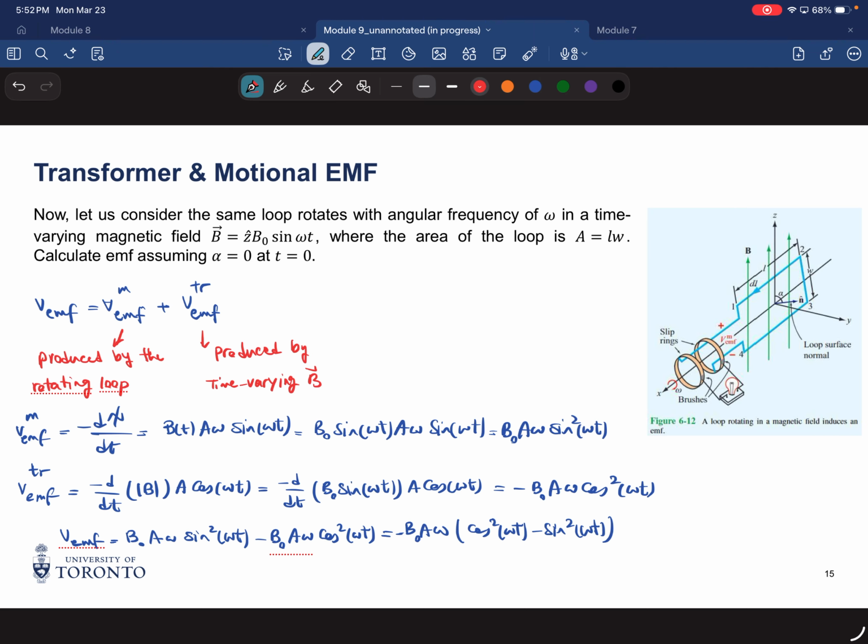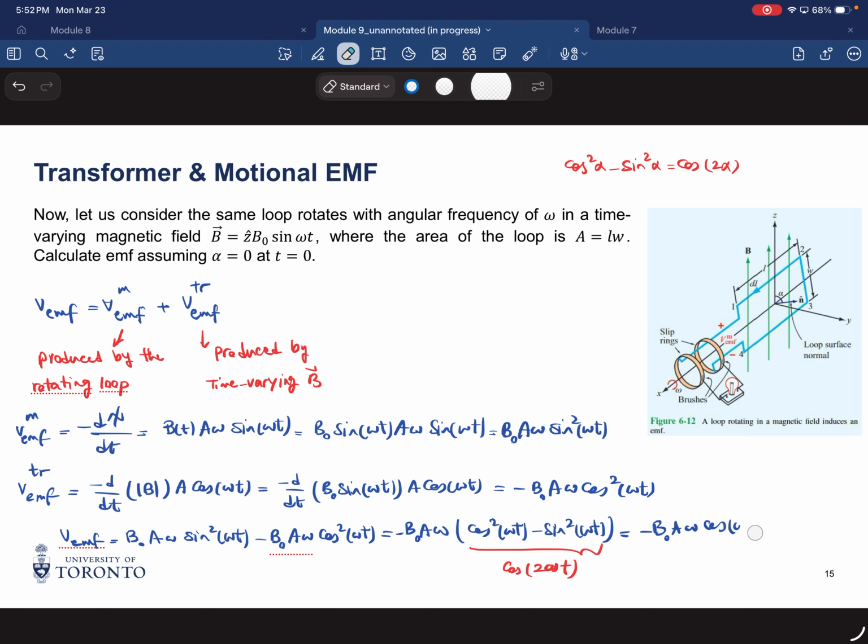Do you remember what this identity is? Cosine squared of alpha minus sine squared of alpha is cosine 2 alpha. So this is going to be minus B naught A omega cosine 2 omega t.